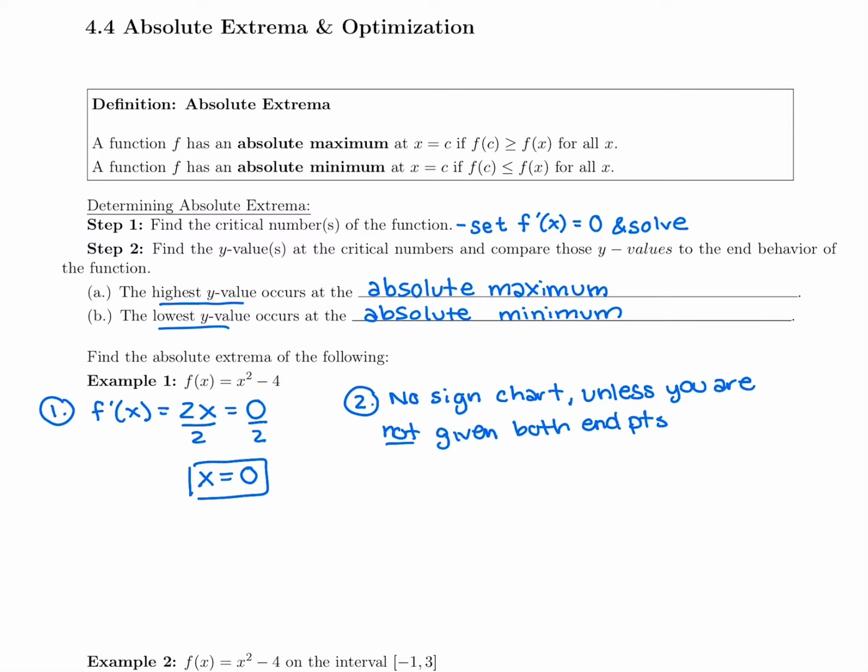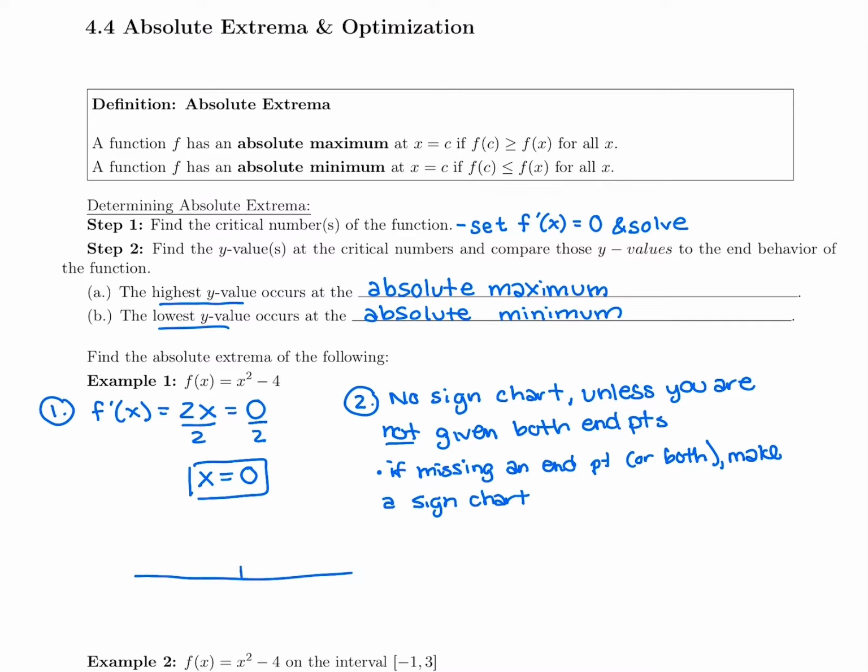So if we're missing an endpoint, or both in this case, we don't have an upper bound or a lower bound, that's when you have to make a sign chart. We're going to compare our critical number to our end behavior instead of our endpoints, since we're not given endpoints.